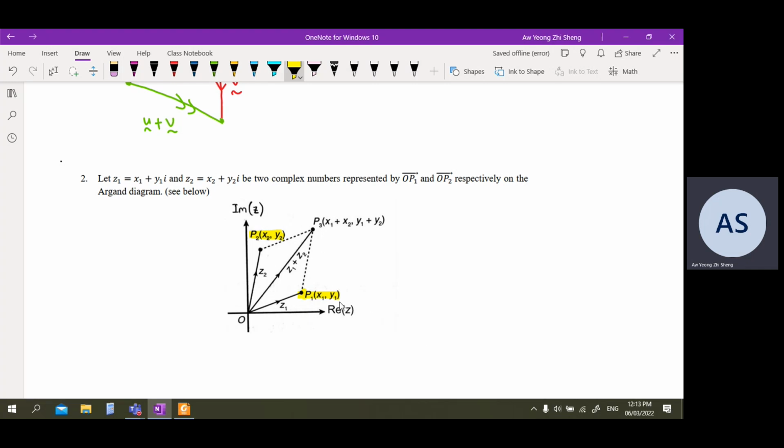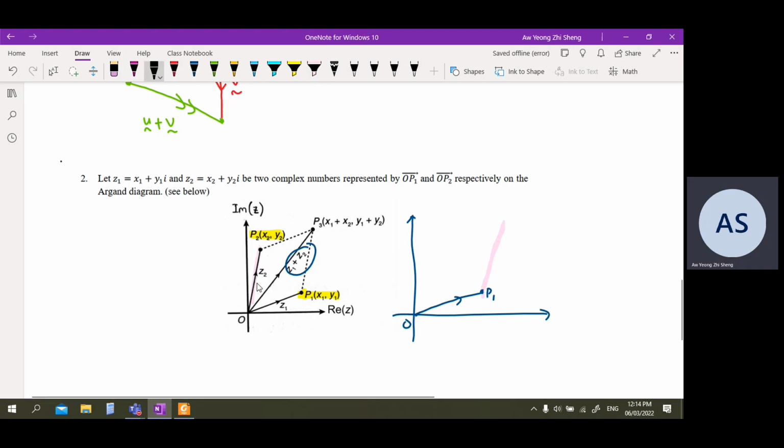Now, to add up Z1 with Z2, the vector representation of Z1 plus Z2 can be obtained by, let me draw a new diagram here. So you know that your OP1 points this way. The OP2 that I'm coloring in pink here, you can actually move it such that the starting point of OP2 overlaps with P1.